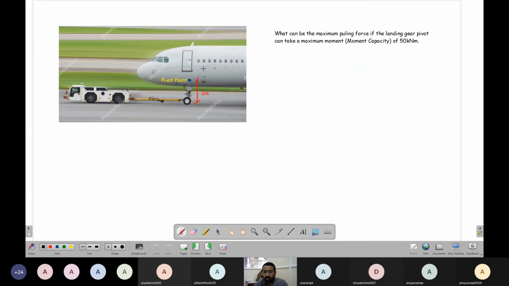So it says there will be some mechanical components at this pivot, and the maximum moment that pivot can take is 50 kilometers.